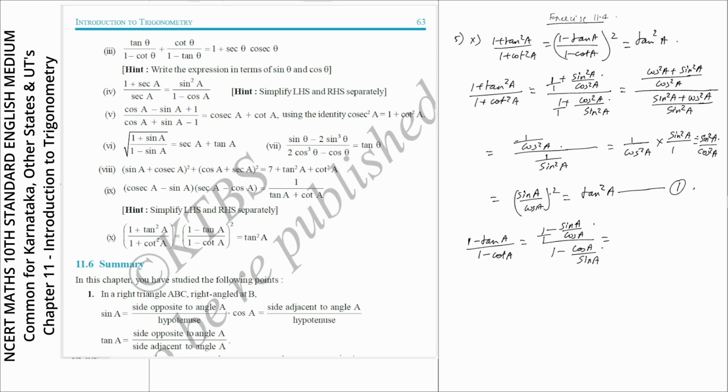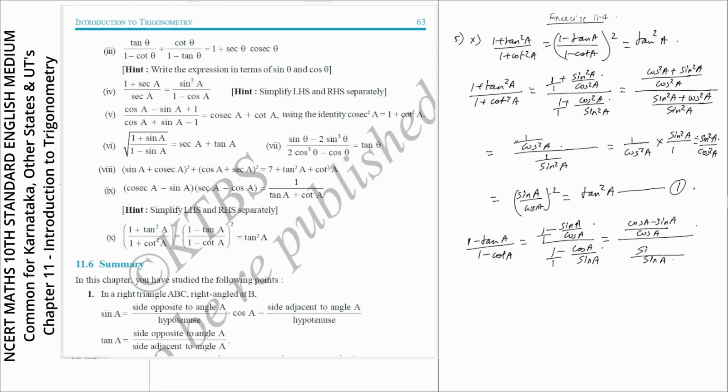LCM of 1 and cos A is cos A. So cos A minus sin A I'll get in the numerator. So again coming to the denominator, here 1 means 1 by 1. LCM of 1 and sin A is sin A.